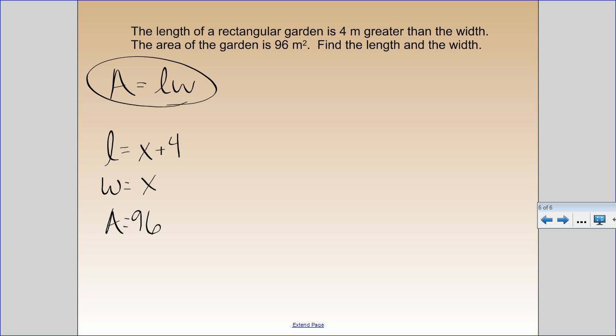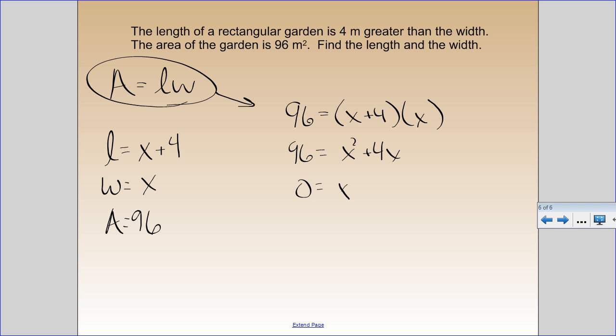We have all of our information and we've defined our variables. Let's plug in our information. 96 equals x plus 4 times x. 96 equals x squared plus 4x. 0 is equal to x squared plus 4x minus 96.